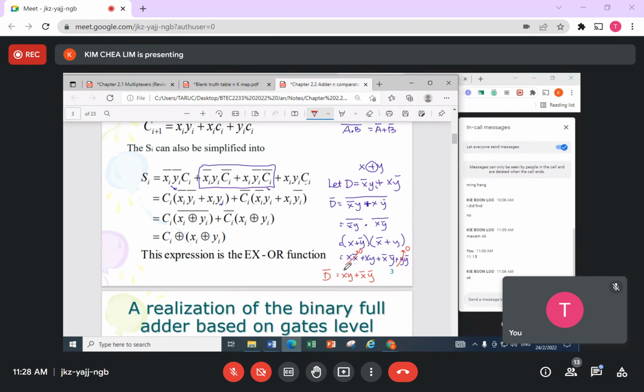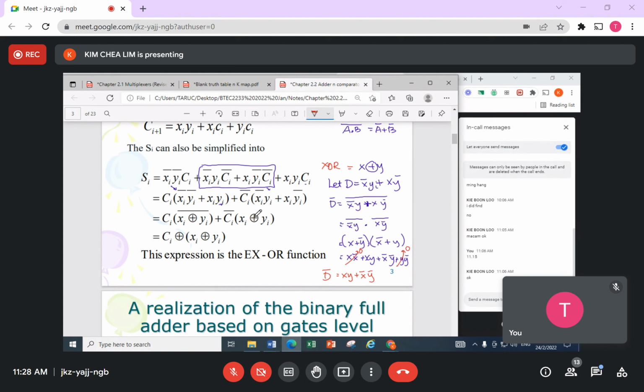All right. So this expression here actually is the X NOR. Okay, this is X OR. Once you put a bar across them, it then becomes X NOR. All right. So now D has been changed to this form.